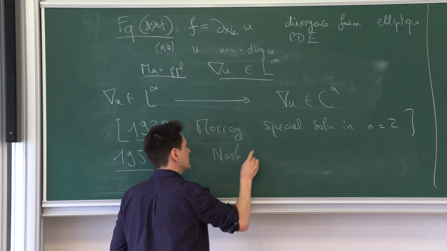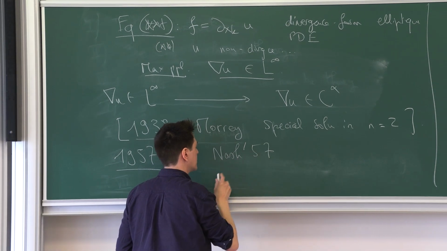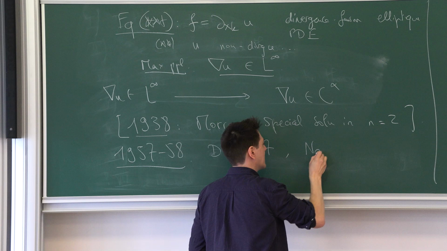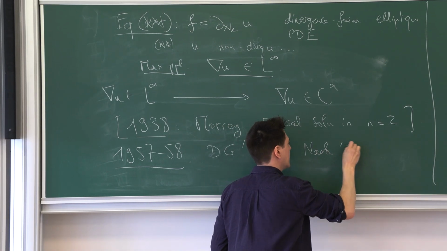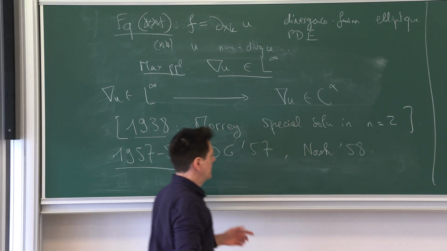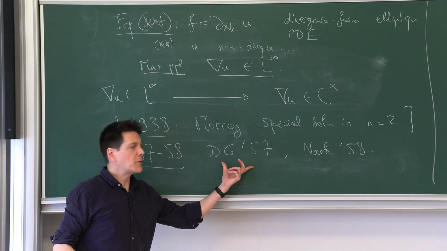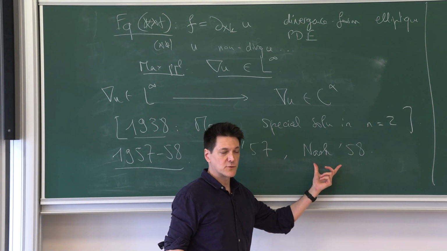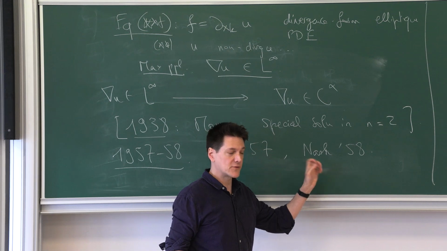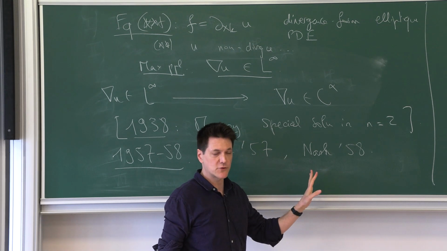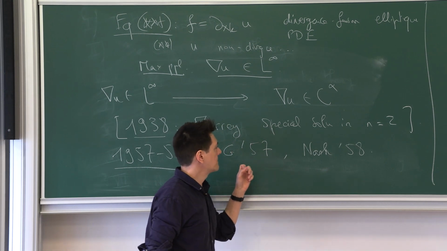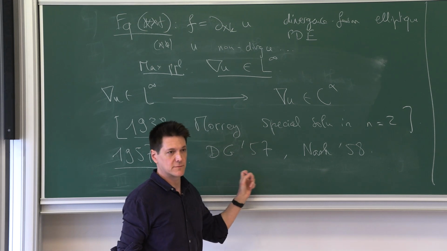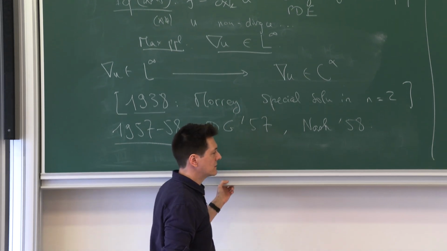So De Giorgi in 57 and Nash in 58. De Giorgi was looking at the elliptic problem. Nash at the time was looking at the parabolic problem. So they are formulated a bit differently. The methods are completely different. You can see that they have not communicated at all. But in fact, both approaches work for both cases. So they are both valuable.